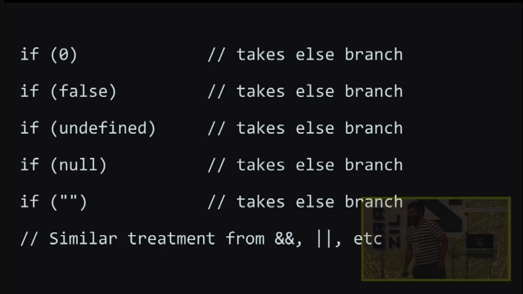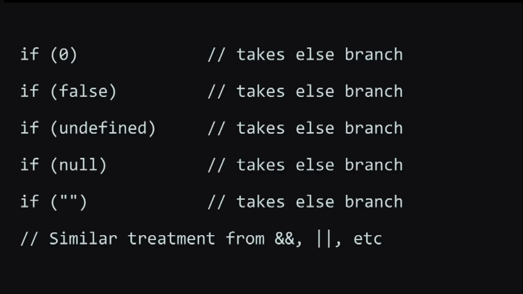So JavaScript has a number of different values that will be treated as false in a conditional. You have 0, false, undefined, null, and empty string, and they all go into the else case rather than the if case. So these values are called falsy, and the values that don't go into this category are called truthy.